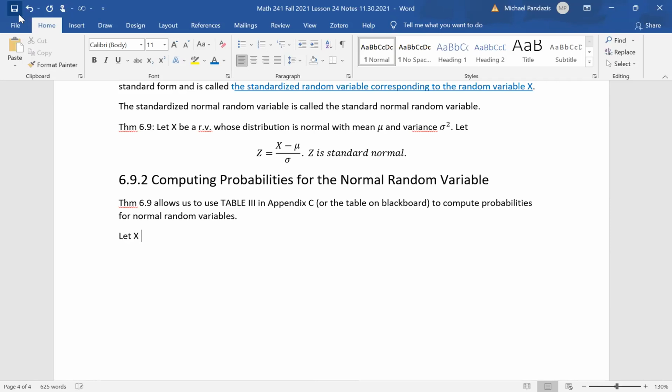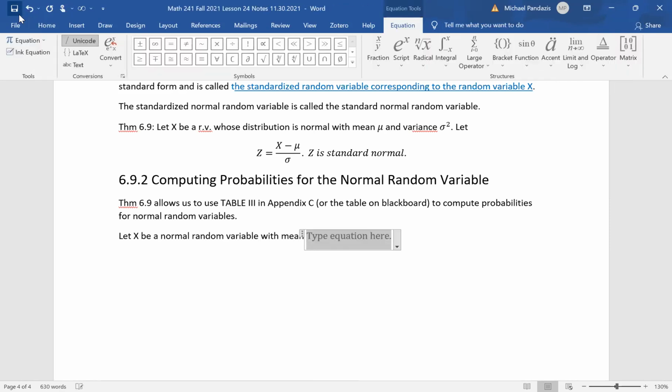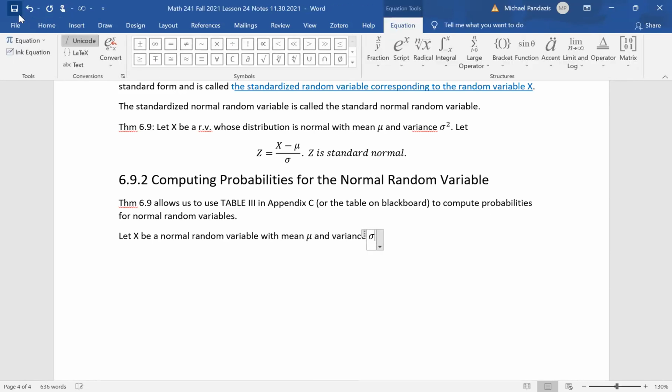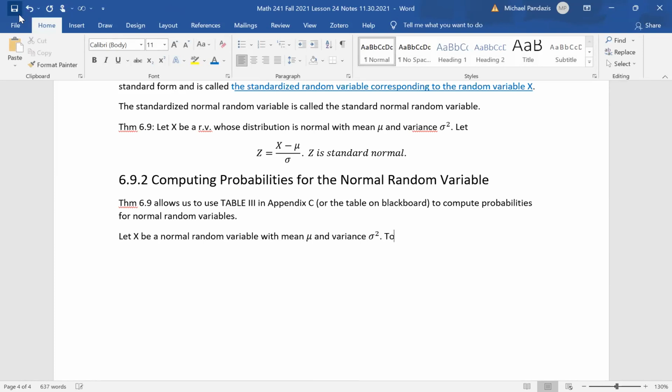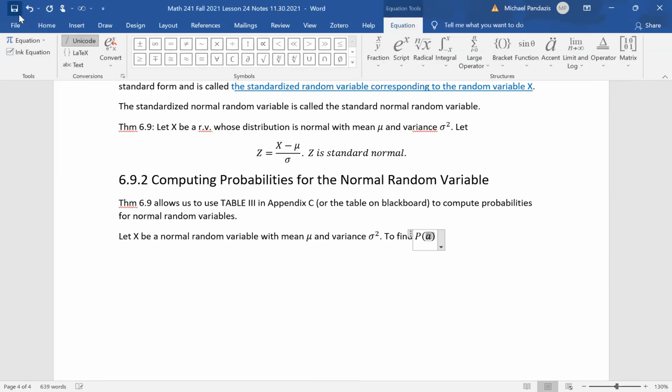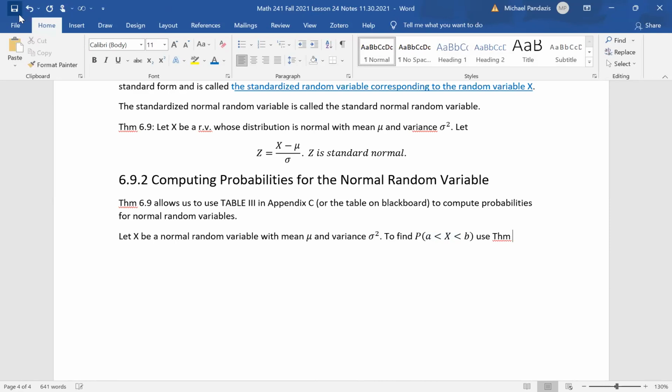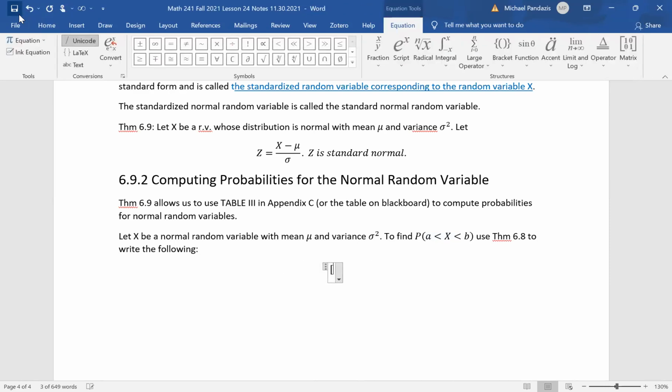Okay, so let x be a normal random variable with mean mu and variance sigma squared. To find the probability that a is less than x less than b, we're going to use theorem 6.8 to write the following. The probability that a is less than x less than b is equal to the probability of the same set of x values just written with different inequalities.